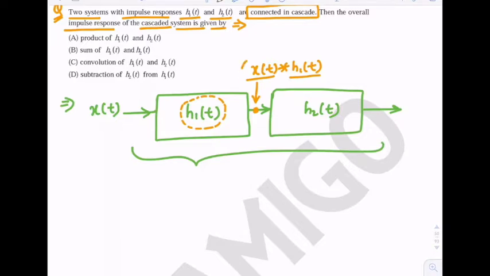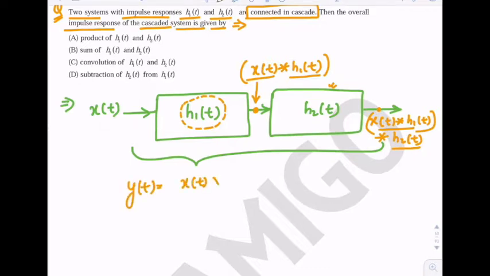Now this is the input to the second system, and thus the output will be x(t) convolve h1(t) whole convolved with h2(t), because this is the input and this is the impulse response. So we can say that the output y(t) is equal to x(t) convolve h1(t) whole convolved h2(t).